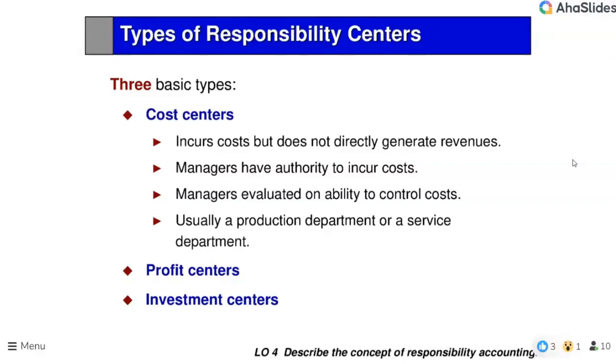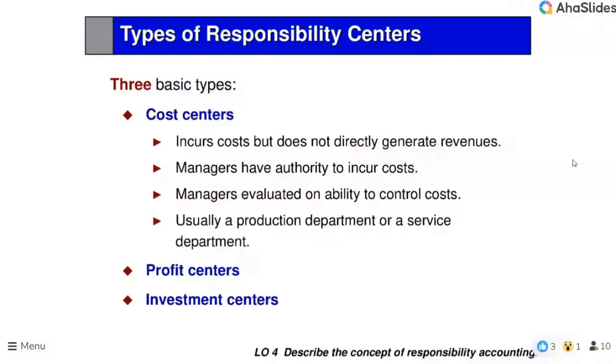We must be aware that there are 3 types of responsibility areas or centers, we call them. And the first is a cost center. Now, a cost center is a responsibility center in which the manager is responsible only for controlling costs.